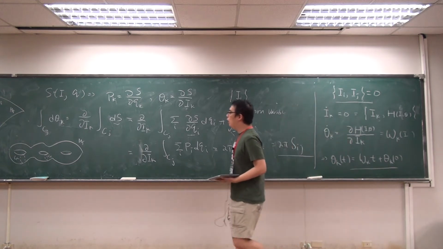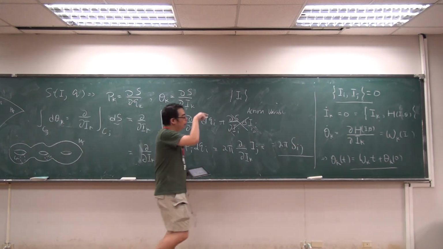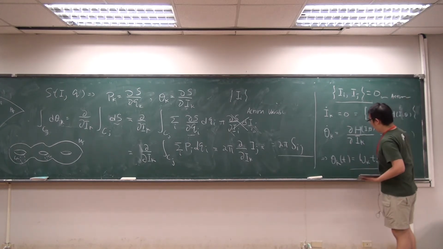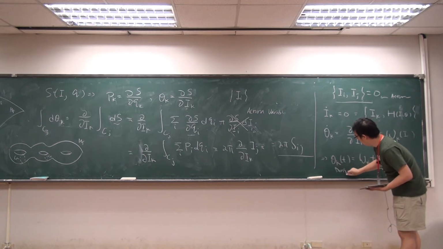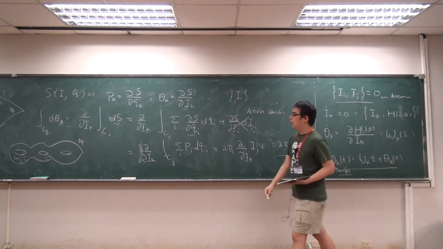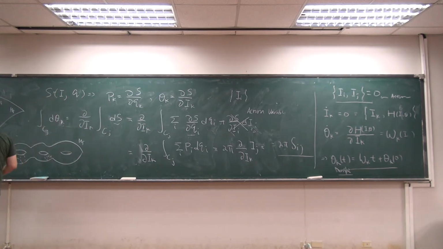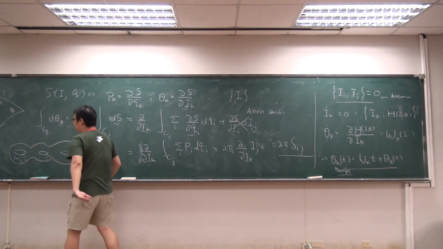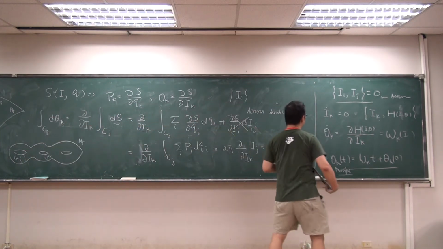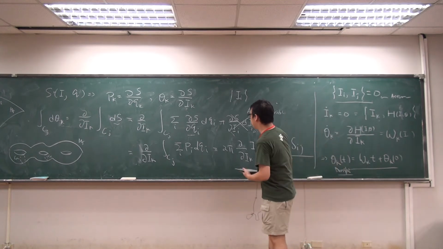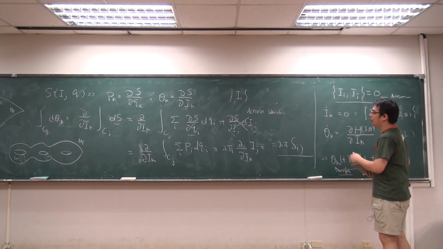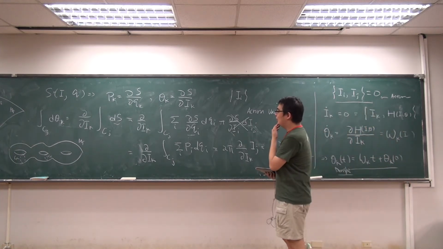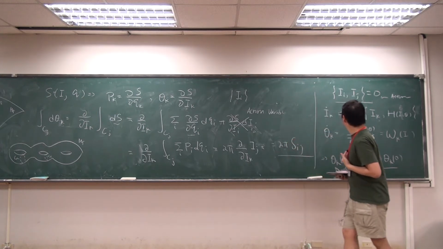So if you want, you can view the action variable and the angle variable as a kind of preferred canonical transformation on your constant energy surface that specifies the cycle you are doing your line integral over.